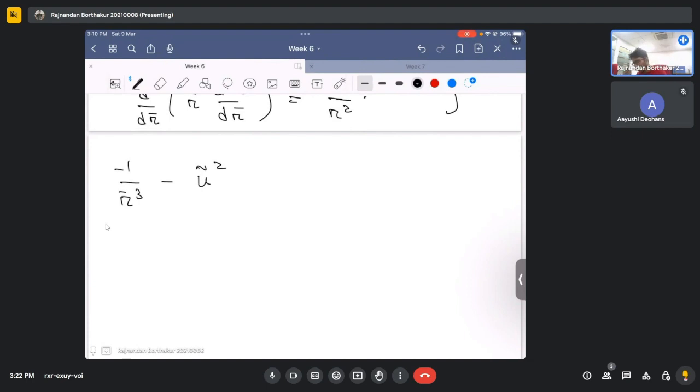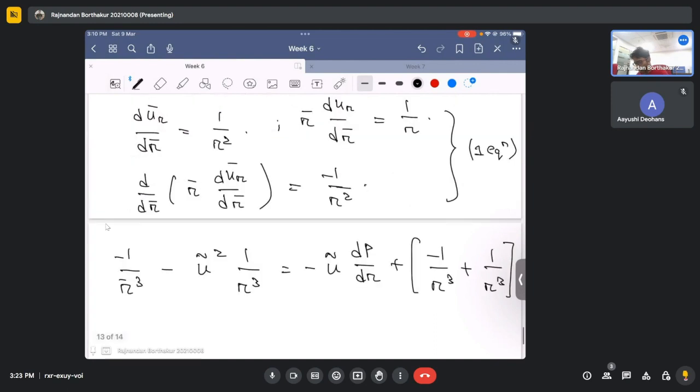So it is u tilde squared by 1 by r cube. On the right hand side, we have the pressure gradient, which was u tilde into dp by dr with a minus sign. Plus, if you simplify the viscous term, it will just turn out to be minus 1 by r cube plus 1 by r cube into the.